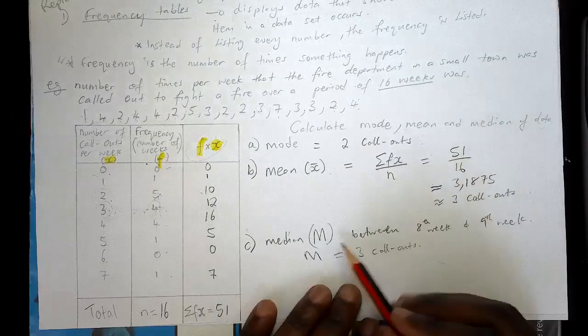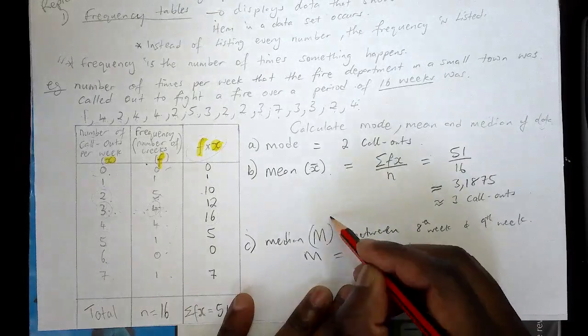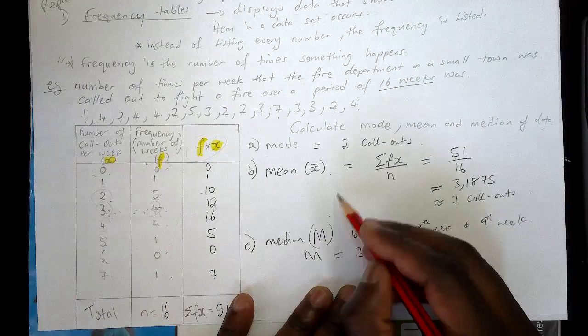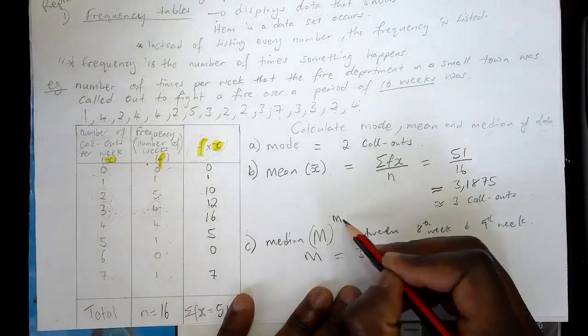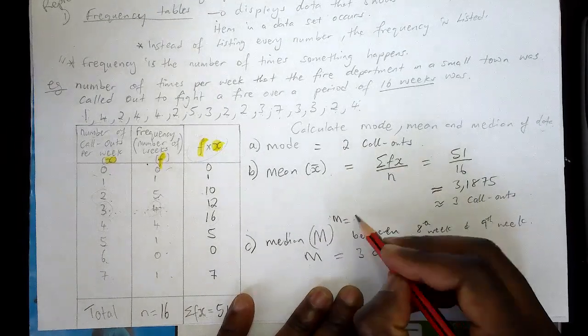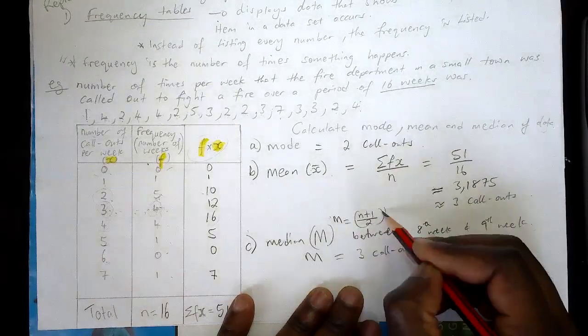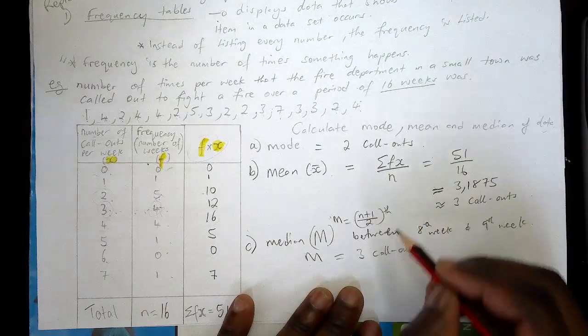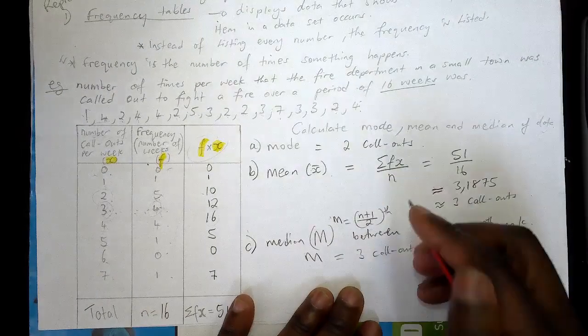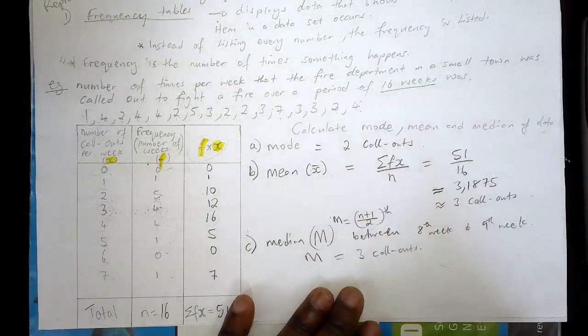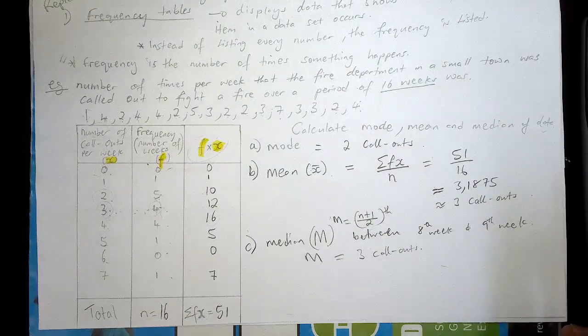Just to remember here, for the median, the position is n plus 1 over 2. This gives us the position. That's what we have done here. So 16 plus 1, we get 17 divided by 2.